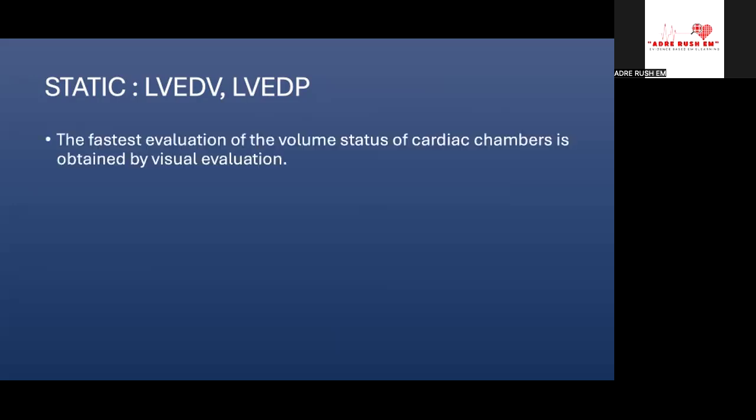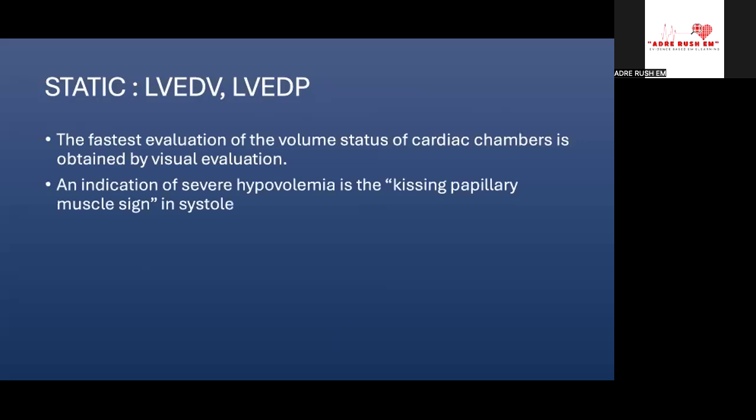So, the static parameters we can assess are LV end diastolic volume and LV end diastolic pressure. The fastest way to evaluate the volume status of the cardiac chambers is visual evaluation, just by looking at your LV, the way your LV is contracting, we can assess the LV end diastolic volume.